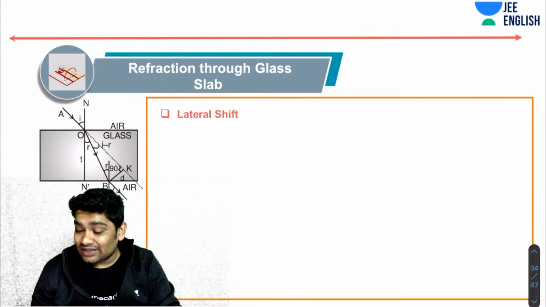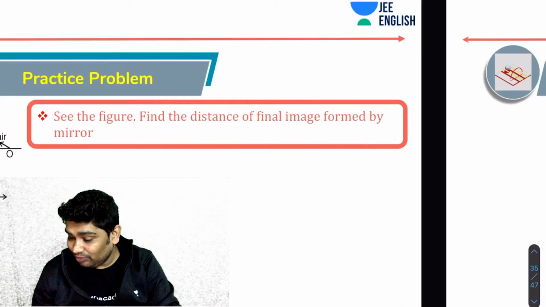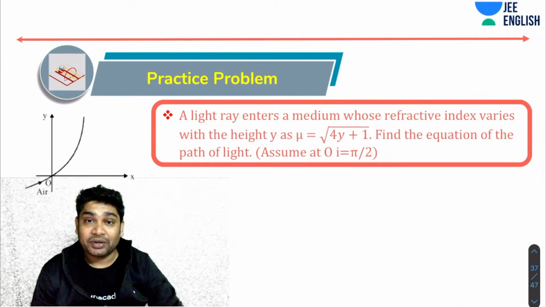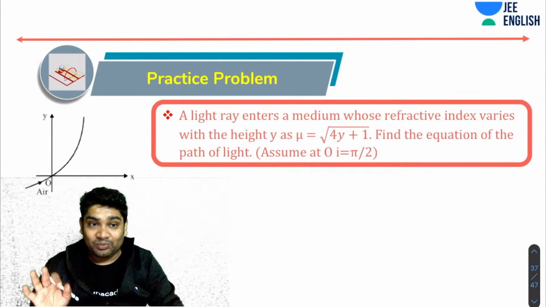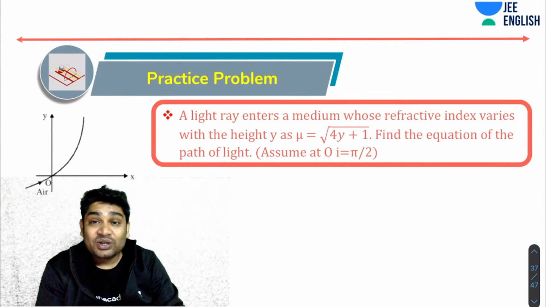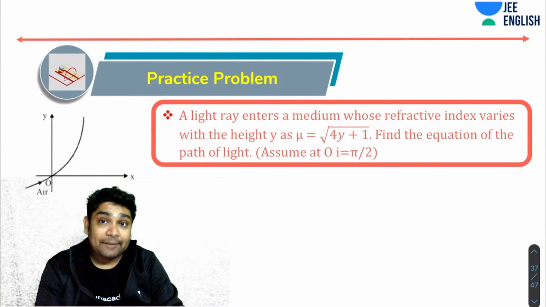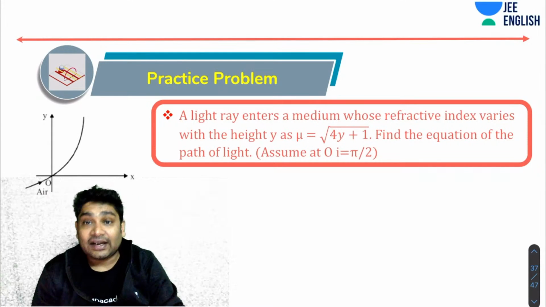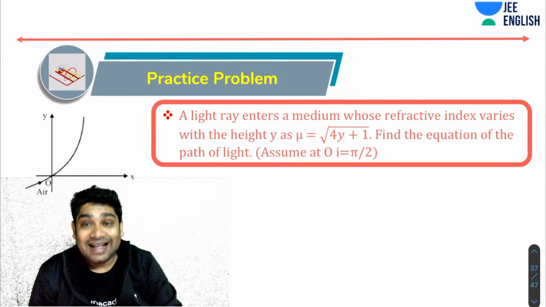So let's try a problem from this. I did have a problem here. I want to try this problem first so that you understand that approach. Here you've been told a light ray enters a medium whose refractive index varies with height as this.